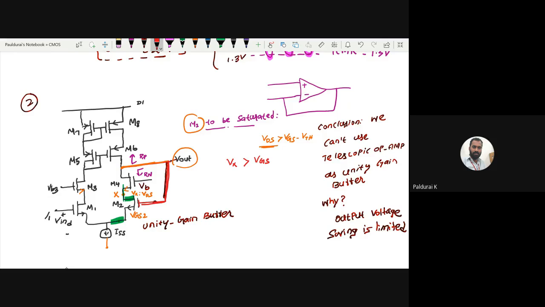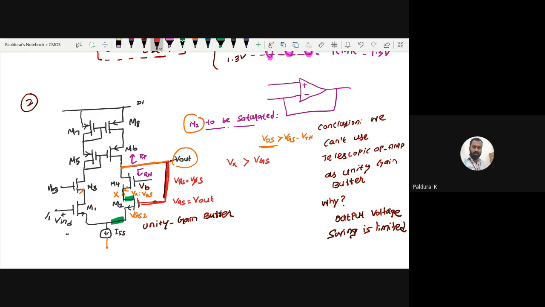So VGS equal to V out, because VGS is gate to source, and V out is drain to source, right? VGS equal to actually VDS. This you know, right? Because gate and drain are both shorted.